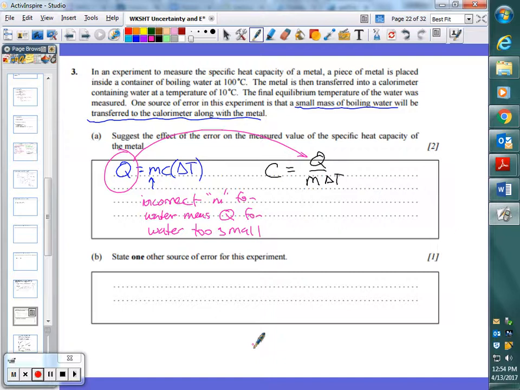And then, if we use a too small Q value over here and bring it over here, that's too small. And if the top of this fraction is too small, what is that going to do to this C value? It's going to be too small as well, right? Do you follow me on that?